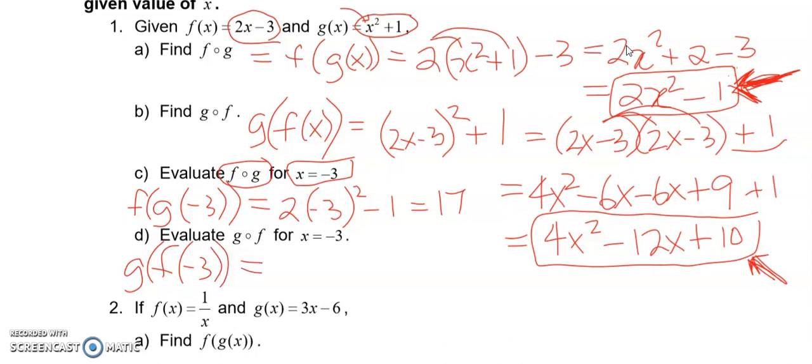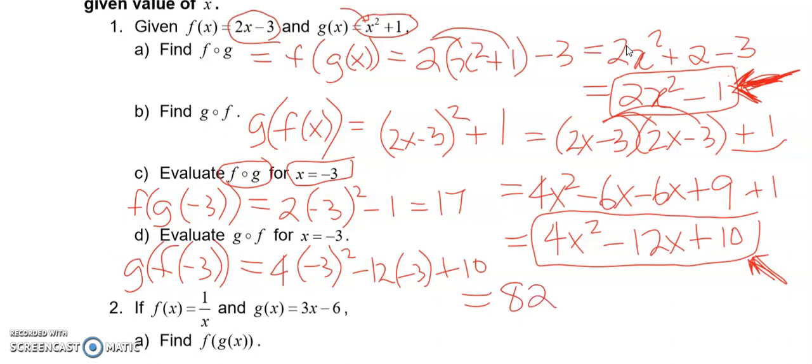So if I put that into the composite function, you're going to have 4 times negative 3 squared minus 12 times negative 3, and then plus 10. You type all of that into your calculator, everybody. Type that all in, and I'm pretty sure you're going to get back 82.